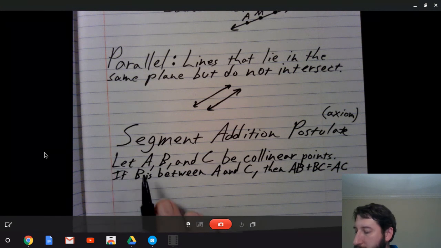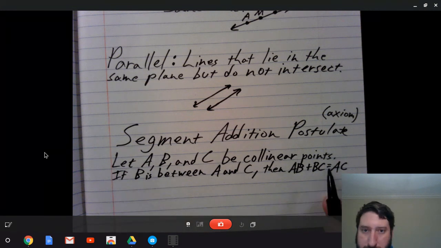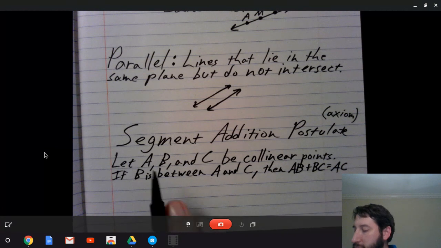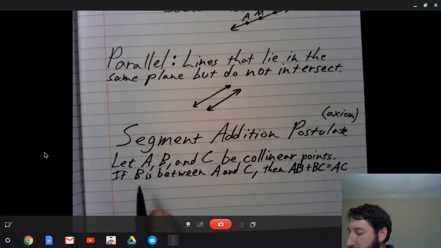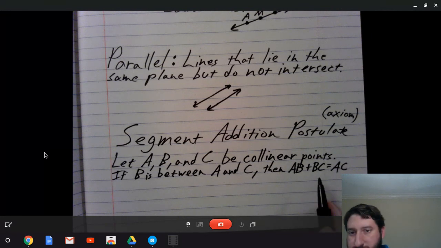So let A, B, and C be collinear points. So I've got 3 points that are on the same line. If B is a point in between A and C, then AB plus BC equals AC.